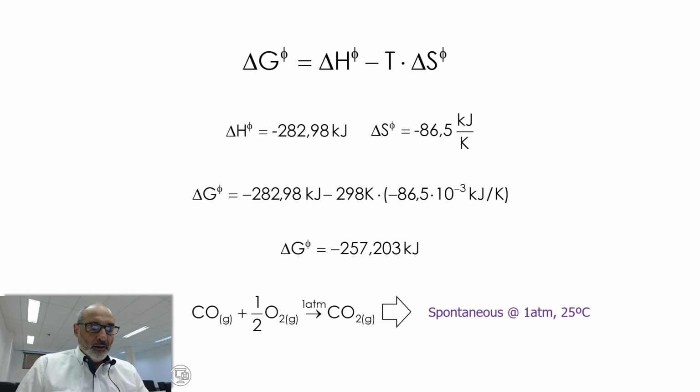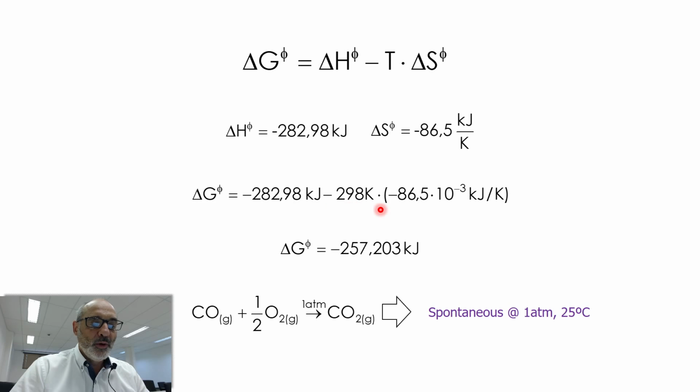Now we are ready to combine all variables or terms. We calculated all these terms: delta H, delta S, and T. Delta H minus 282.98, delta S minus 86.5, and temperature is 25 degrees, which is 298 Kelvin.